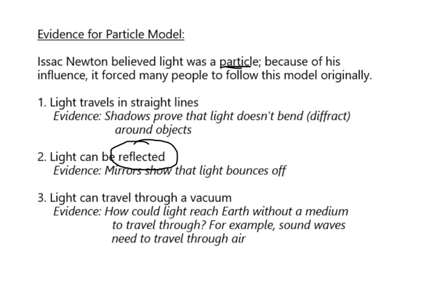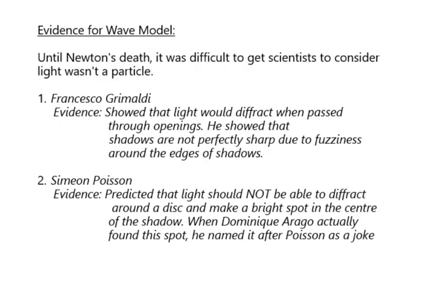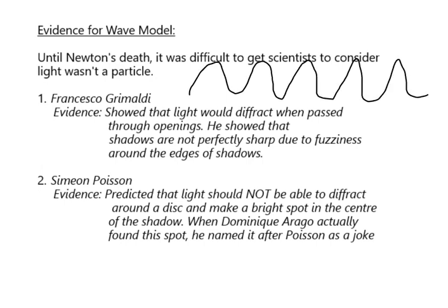It wasn't until after he died that some other scientists started to think, well, maybe light behaves more in wave-type patterns. So here's a name I want you guys to know. His name was Grimaldi, and he discovered that when you put light through openings, they weren't perfectly sharp. There was some fuzziness around the edges. I don't know how to describe that, but imagine that I was trying to draw a straight line like this, and I want it to be a shadow.